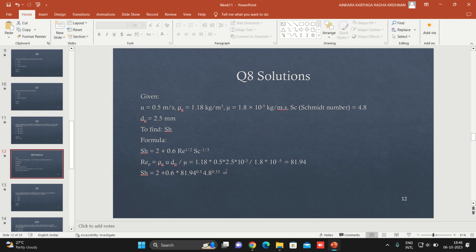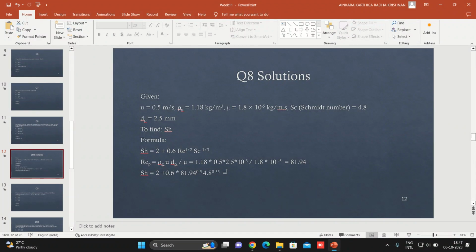81.94 power 0.5 into 0.6 into 4.8 power 1 divided by 3, divided by 10.